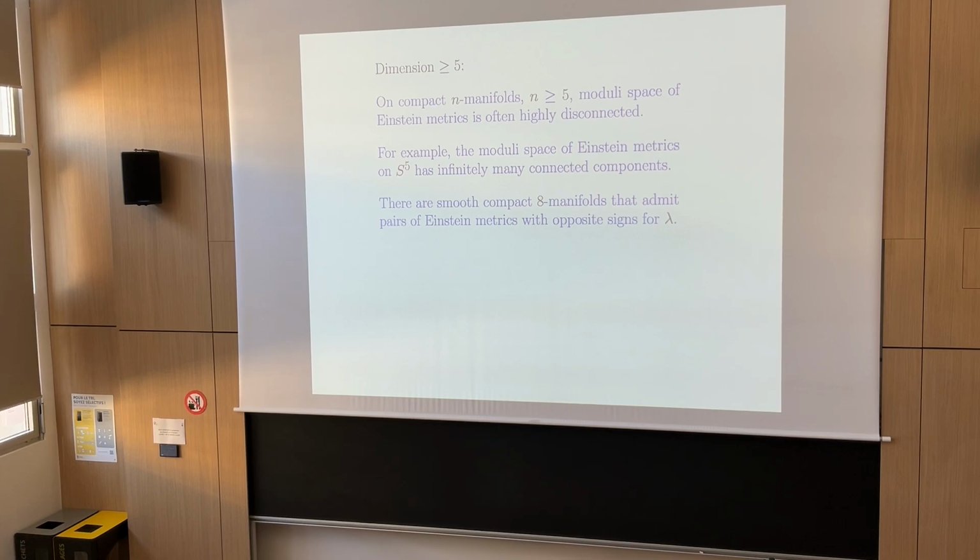But the lowest dimensional examples that are known of this phenomenon so far are in dimension 8. There are smooth, compact 8-manifolds that admit pairs of Einstein metrics where lambda is positive for one and lambda is negative for the other. So they're certainly in different connected components of the moduli space. This was something that I did with Fabrizio Catanese.